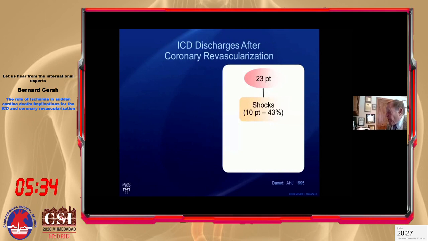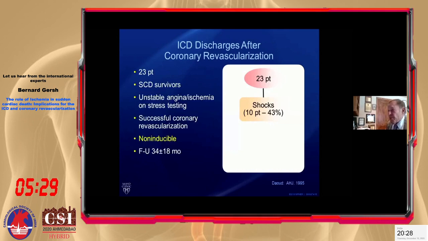Finally, another old paper, small, but very definitive. This was 23 patients, sudden cardiac death survivors, who had unstable angina or ischemia on stress testing. They were successfully revascularized. They were non-inducible at the time of discharge, followed up for 34 days. 23 patients. How many got shocks? 43%.